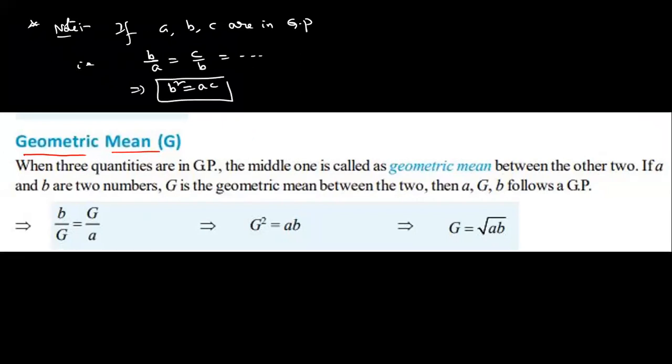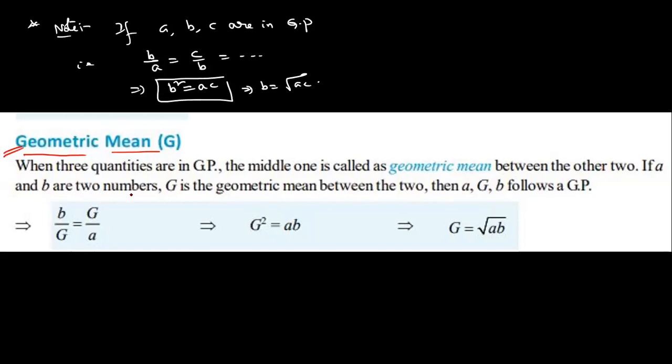Keep in your mind. If A, B, C are in AP, 2B is equal to A plus C. If A, B, C are in GP, B square is equal to AC. So here B you can write as root over AC. Similarly, what is the geometric mean? See carefully.